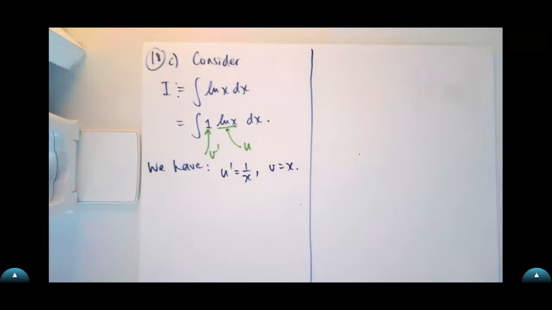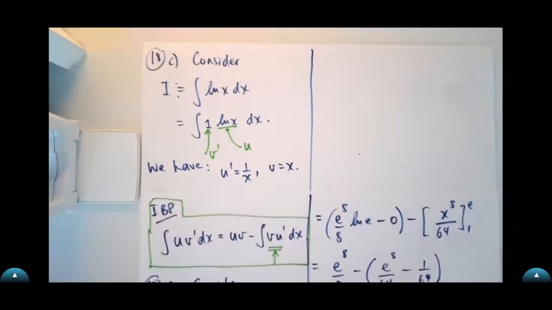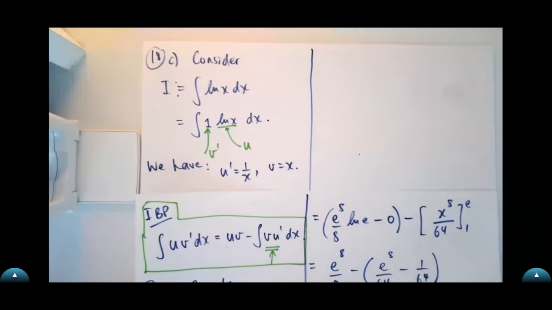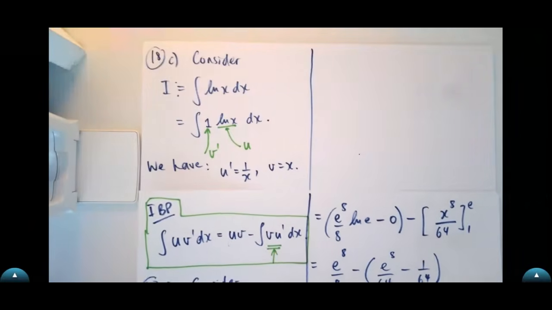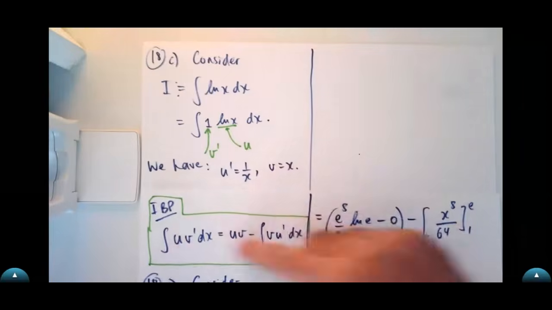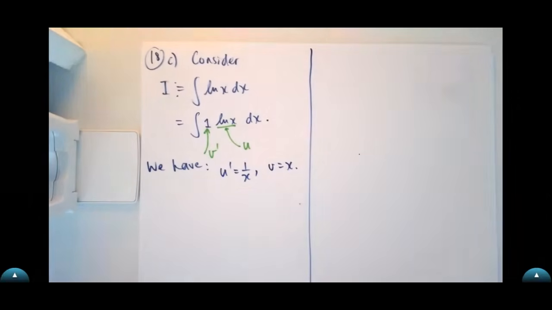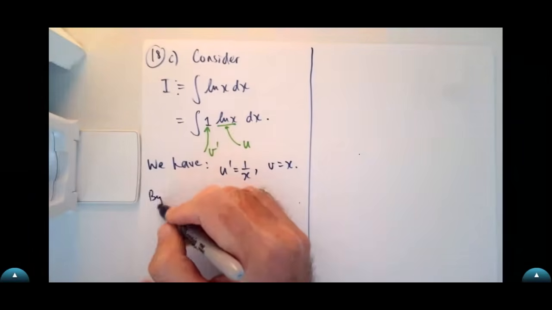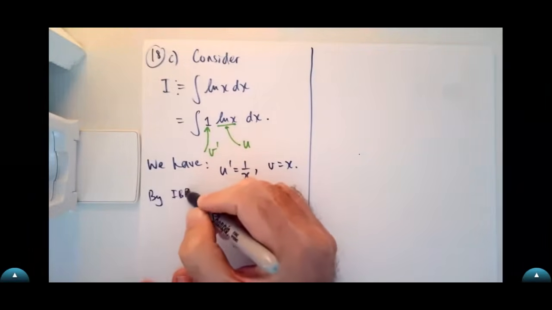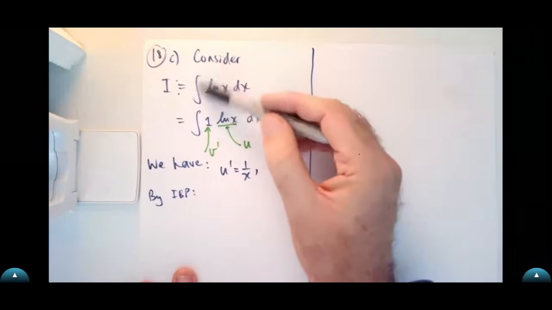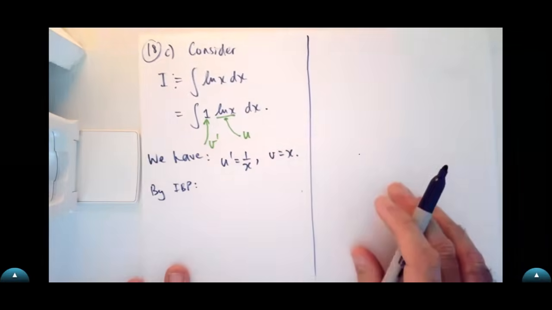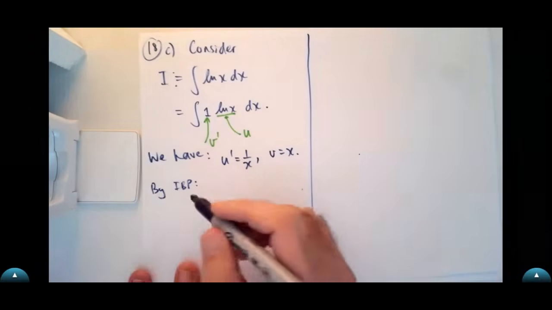Okay, so let's put our integration by parts formula in effect, and we can compute our integral I. Now this is just an indefinite integral, so we don't need to worry about limits of integration or anything like that.